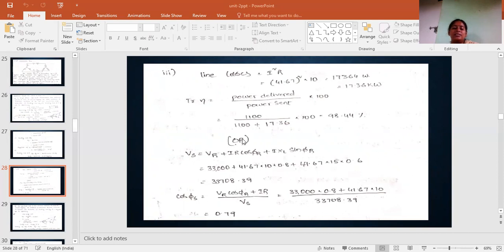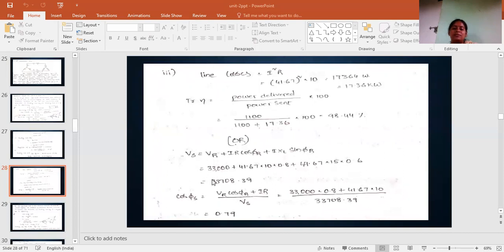And this is another method for finding the sending end voltage Vs. We already derived this formula for the short transmission line: Vs equals Vr plus Ir into cos phi r plus I XL into sin phi r. We know the Vr value, I value and R value, cos phi r value, and I, XL and sin phi r values.